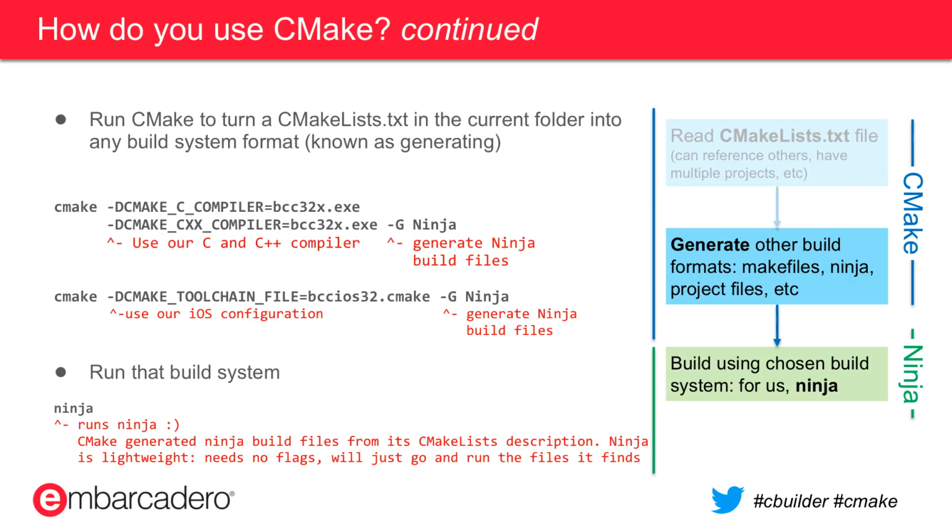The example on screen was for iOS 32, and of course you can use iOS 64 as well. And that just says to use our Embarcadero iOS configuration. And of course, it too has -G Ninja saying to generate Ninja build files. So that's pretty straightforward. Either you're building for Windows or you're building for another platform. And if you're building for Windows, you just say which compiler you want to use. If you're building for another platform, then you use one of the toolchain files that we also provide.